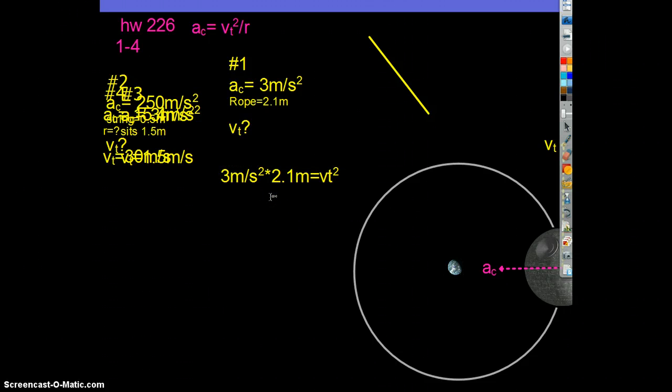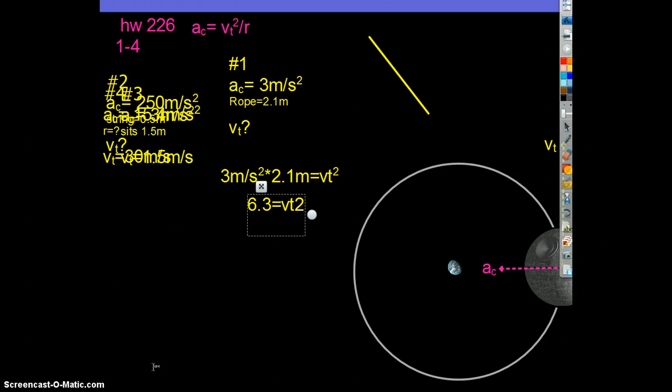So 3 times 2.1, well, that's 6.3. 6.3 equals VT squared. And then it looks like we just have to do a square root to find the answer to this one.